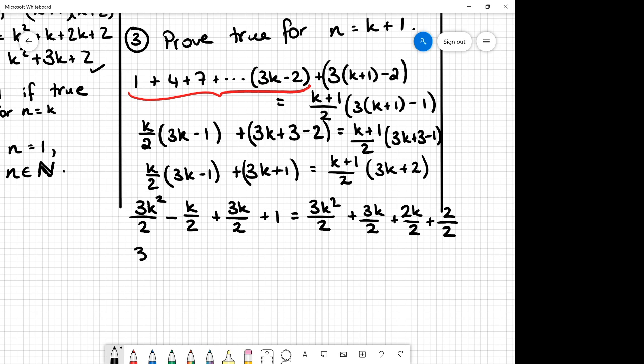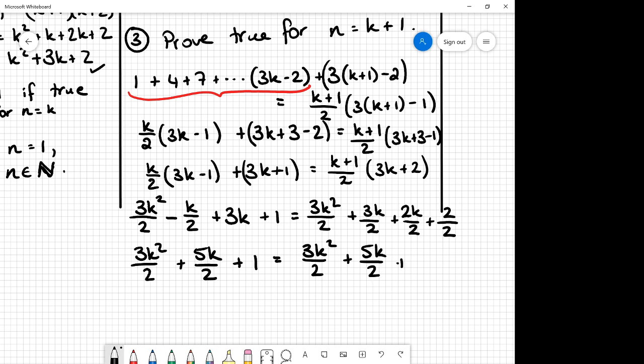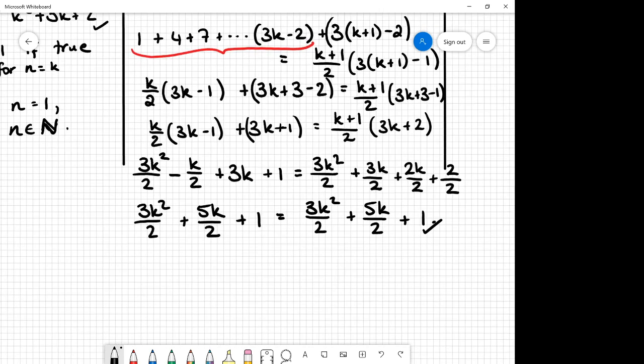All of this goes together now. We've got 3k squared over 2 plus, that shouldn't have been a 3k over 2 here actually, that should just have been a 3k. So 3k minus k over 2 is 5k over 2 plus 1. It's equal to 3k squared over 2 plus 5k over 2 plus 1. And both sides there match up.